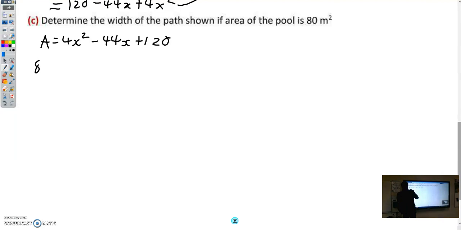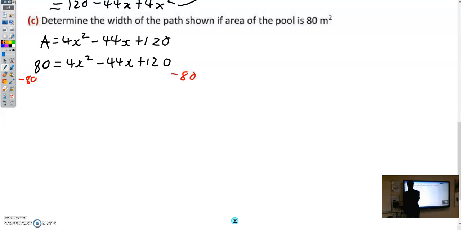If we know the area is 80 meters squared, we can say 80 equals 4x squared minus 44x plus 120. We want to make the left-hand side 0, so we're going to subtract 80 from both sides, which will leave us with 0 equals 4x squared minus 44x plus 120 take away 80, which is 40.